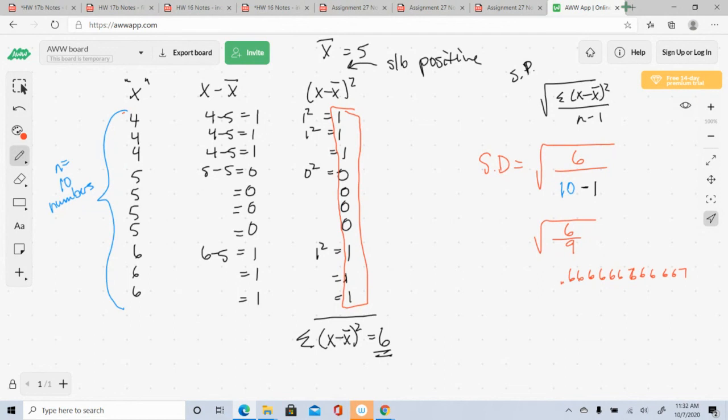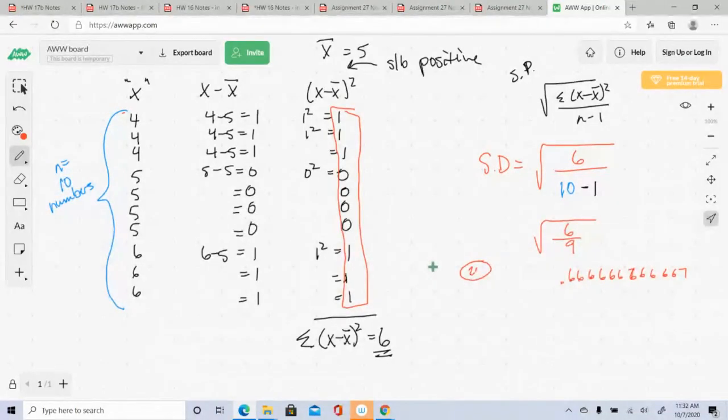On this particular calculator, you've got to do the square root first, which means you're going to use the blue second button in the top corner, because the square root is right above the x squared button.